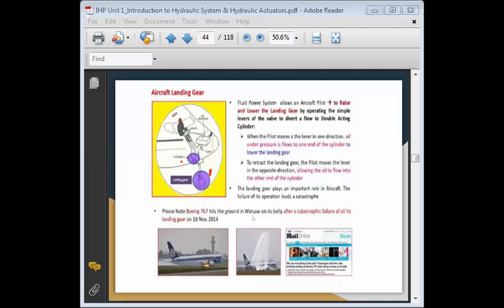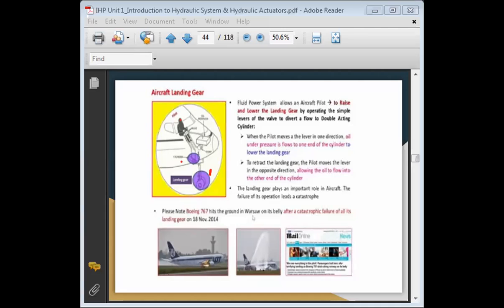And to retract the landing gear, that means to take it up, the pilot moves the lever in the opposite direction, allowing the oil to flow into the other end of the cylinder.